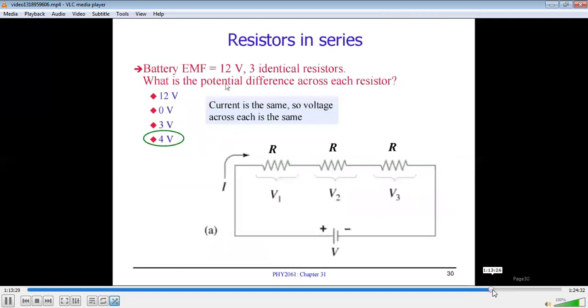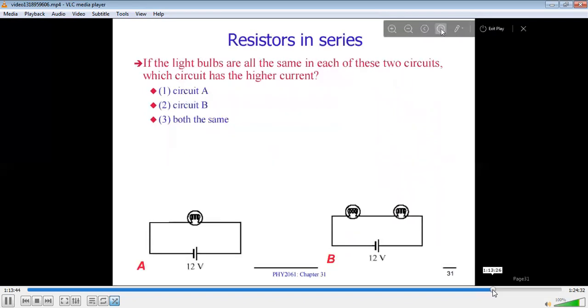Now resistors in series: the battery EMF is 12 volts and there are three identical resistors. What is the potential difference across each resistor? The current is the same, so the voltage across each is the same. Current is the same, why? Because it is a series. Now, if the light bulbs are all the same in each of those two circuits, which circuit has the higher current?